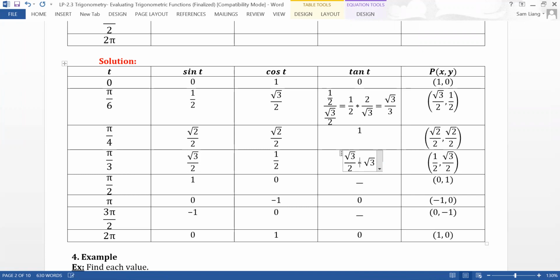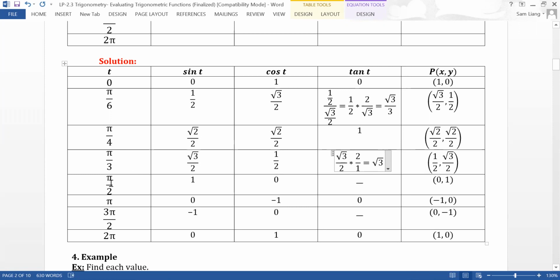You can multiply by the reciprocal of 1/2, which should be 2. So sine divided by cosine, root 3 over 2 times the reciprocal, which is 2. And then the 2 divides out, and we end up with root 3. Terminal point is cosine comma sine, so it's 1/2 comma root 3 over 2. That's for 60 degrees.